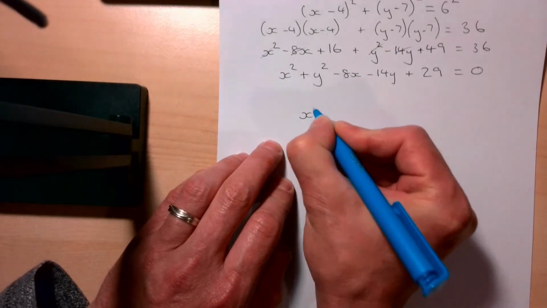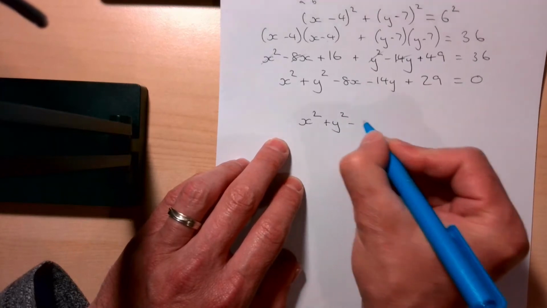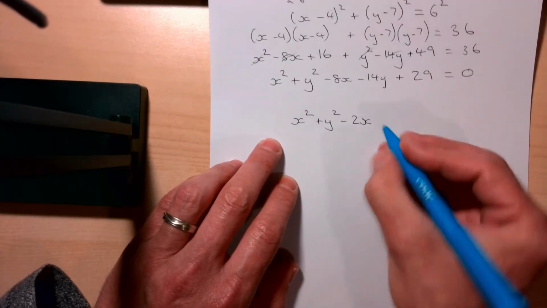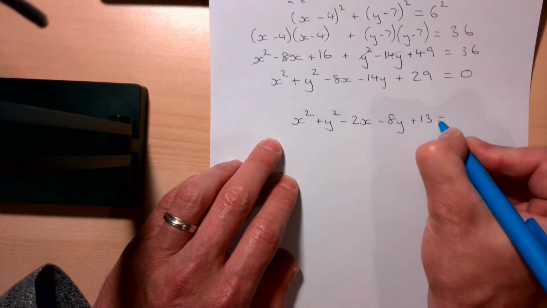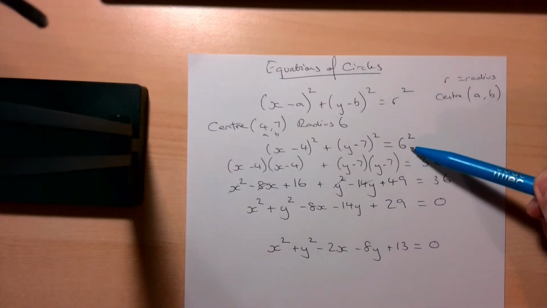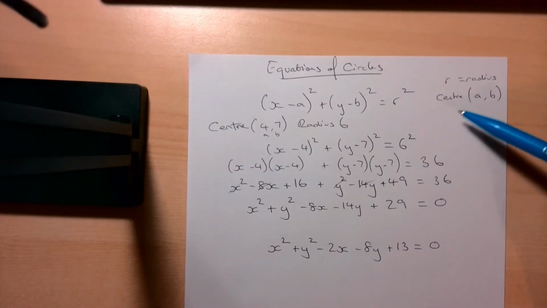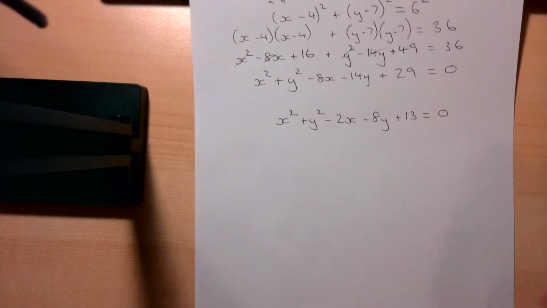So if you're given something like x squared plus y squared minus 2x minus 8y plus 13 equals 0, we have to get it back to that situation so we can work out what the radius and the center is. Now we have to use a method of factorizing here called completing the square.